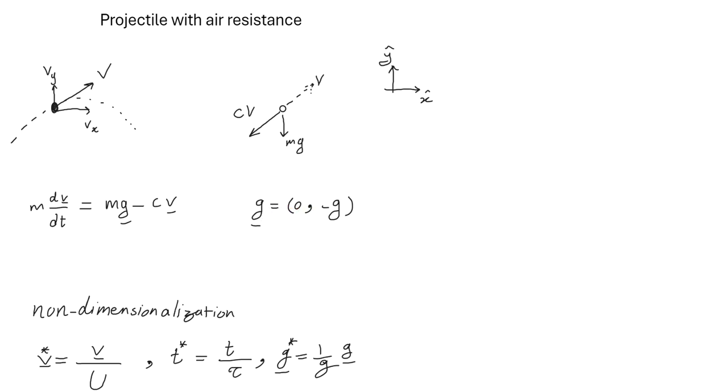Okay, so the approach that I'm going to use today is to do a scale analysis, or to non-dimensionalize our equation first and then go forward. It makes the calculation easier, and also it makes the plotting easier, that we will talk about in the next video.